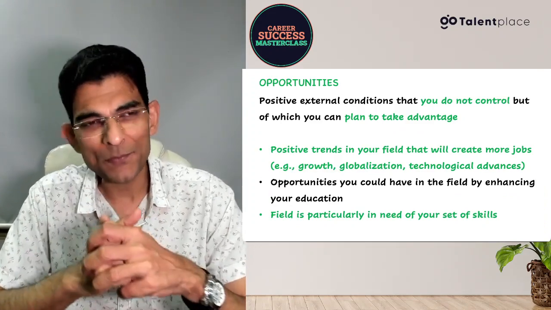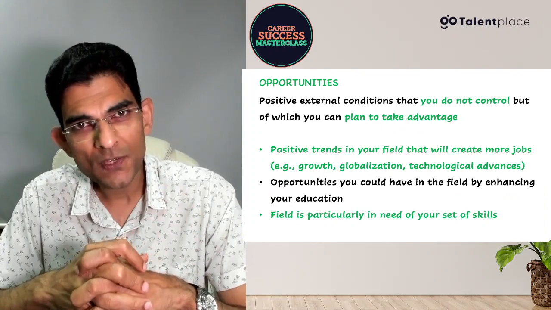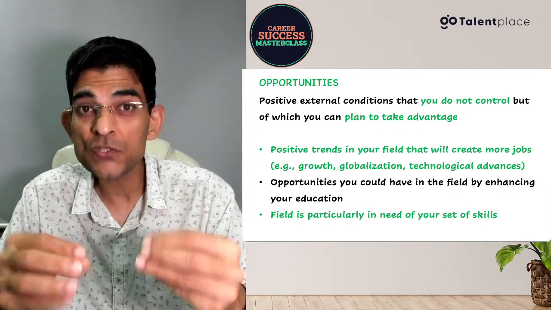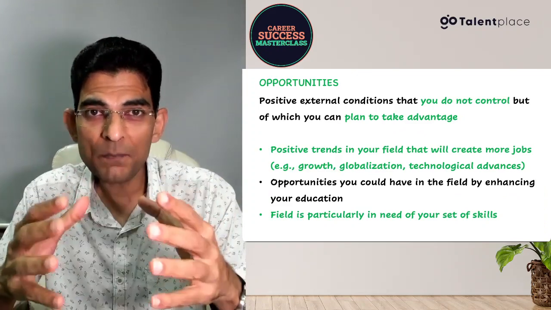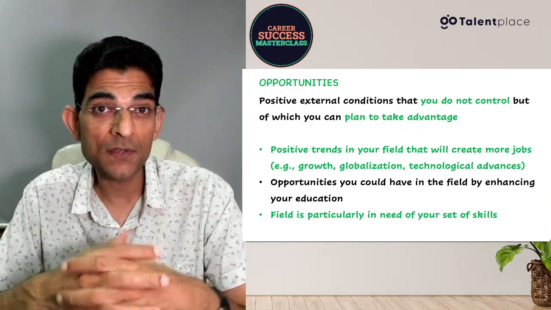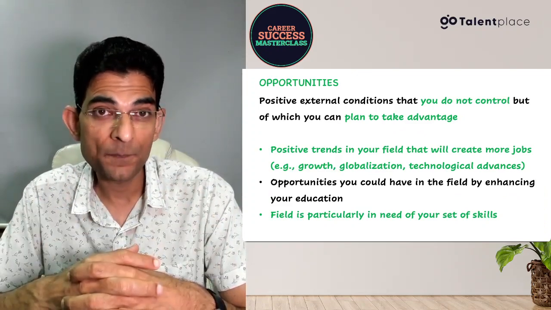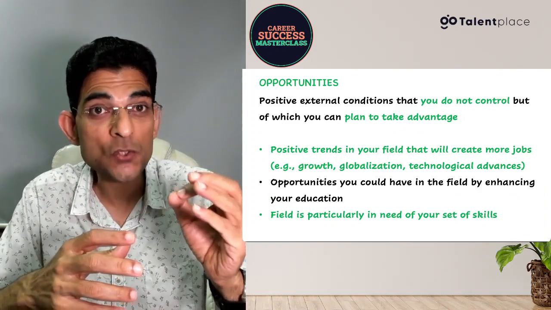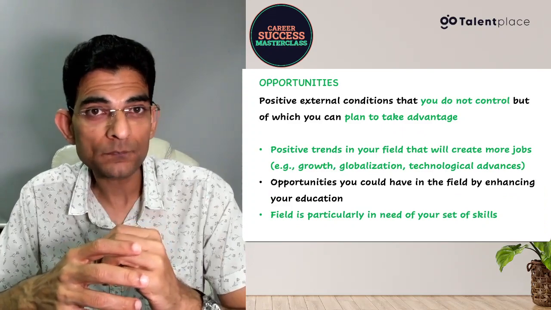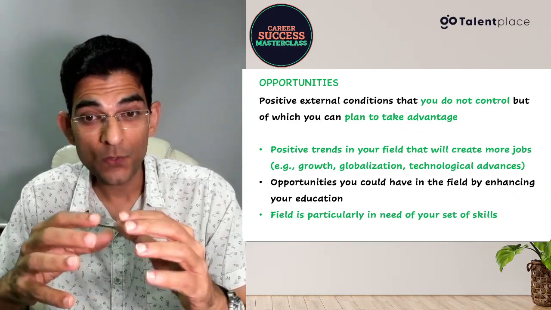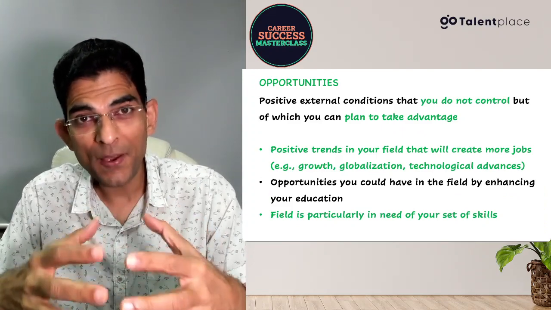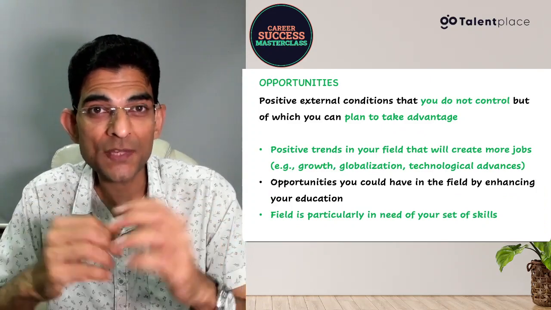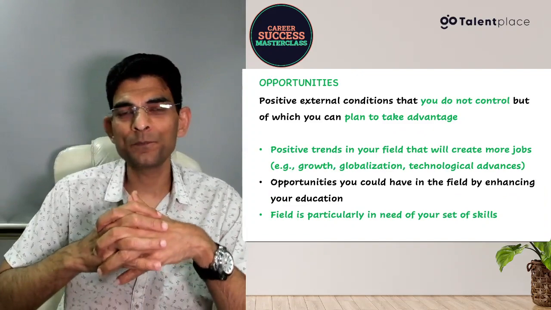Let me tell you an example. Why I became so famous as a teacher in the very initial years of my career, in the first year itself, is because in my city where I started my teaching career, I picked up the subjects of taxation and law. Now there was a vacuum in my city for teachers in these subjects. There was an absolute vacuum.